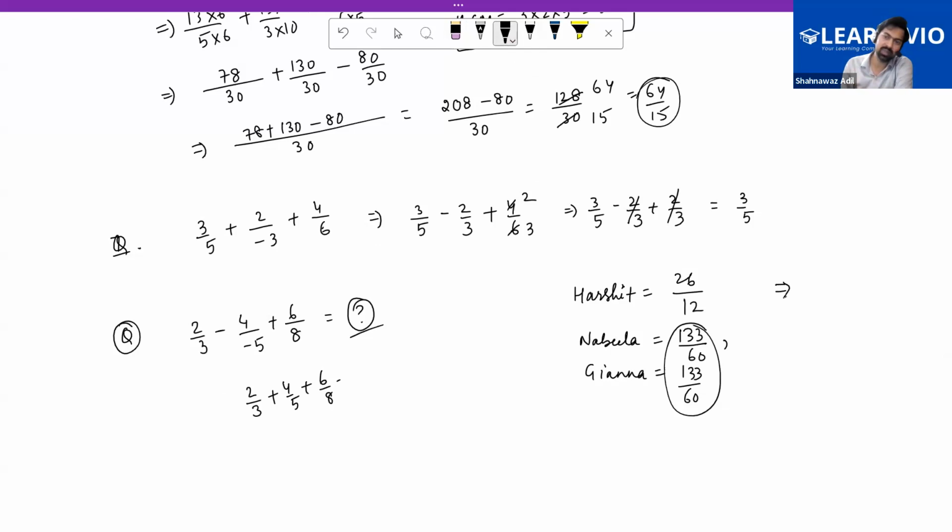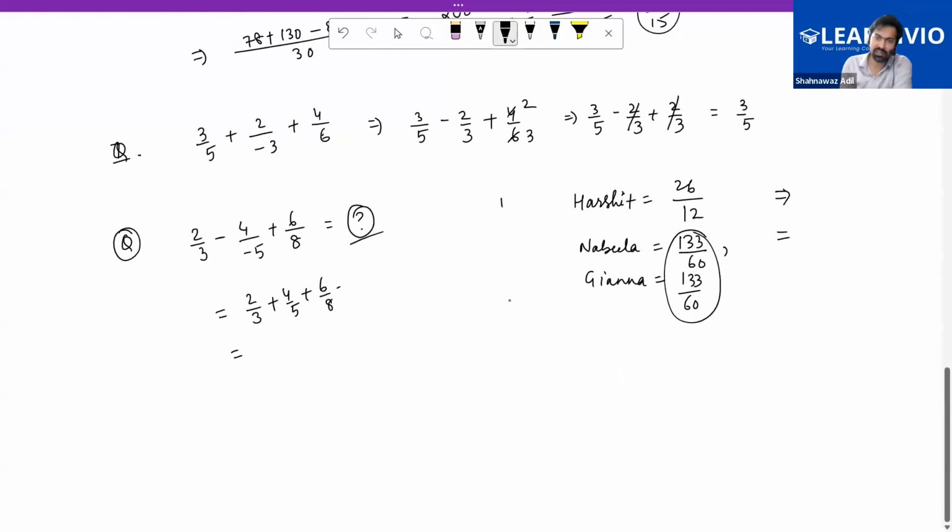Whenever we have a simplification, then we only write this equals, right? So I have to just write the equals. Okay, so the LCM of 3, 5, 8. There are no common multiples, right? So without taking the LCM, we can just write this thing. But let's follow these steps, right?